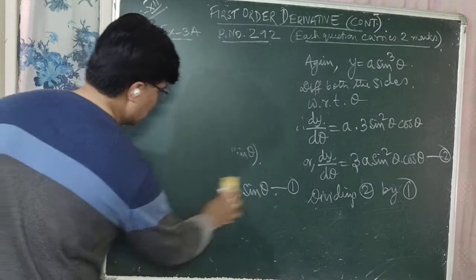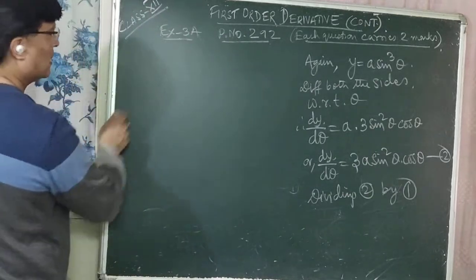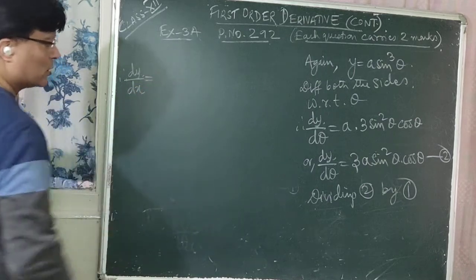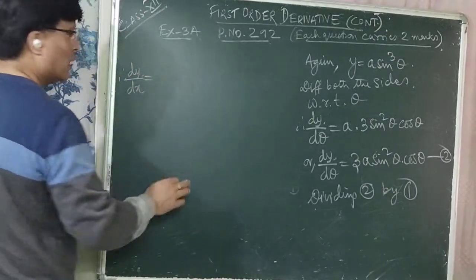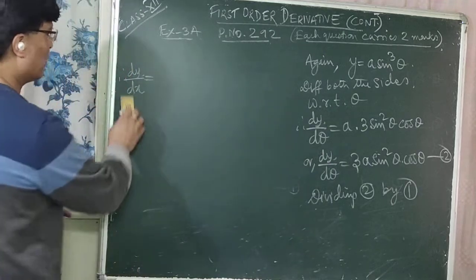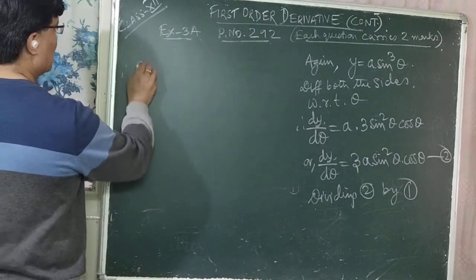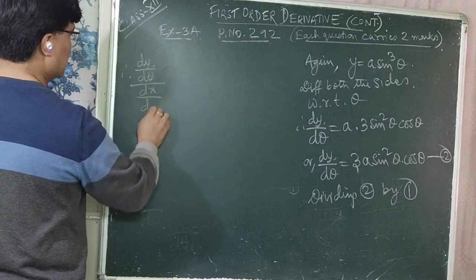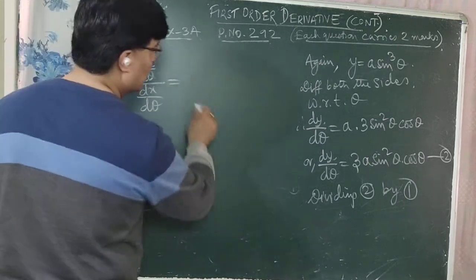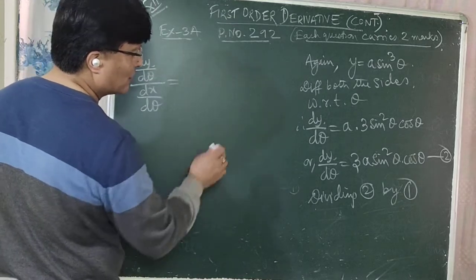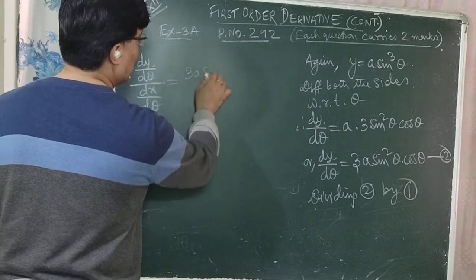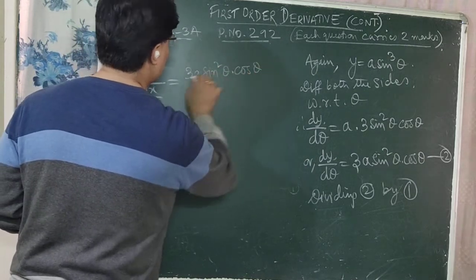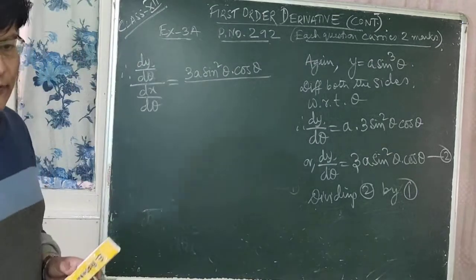So therefore dy by dx is equal to dy by d theta divided by dx by d theta, which is equal to, write down right hand side of number 2, that is 3a sin square theta into cos theta divided by, what was the value for dx by d theta?